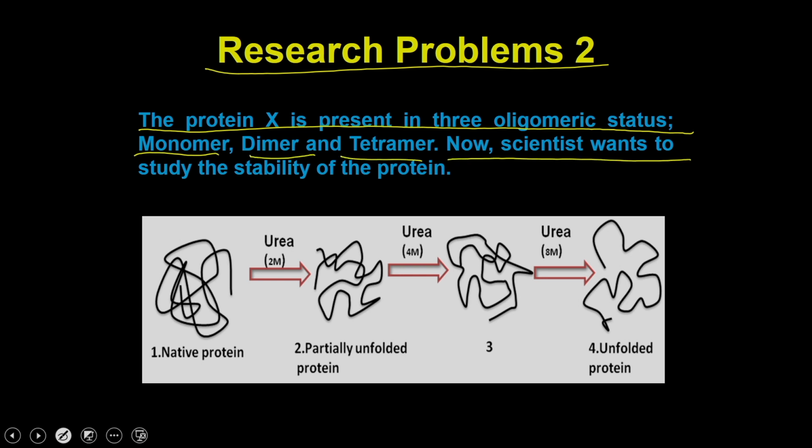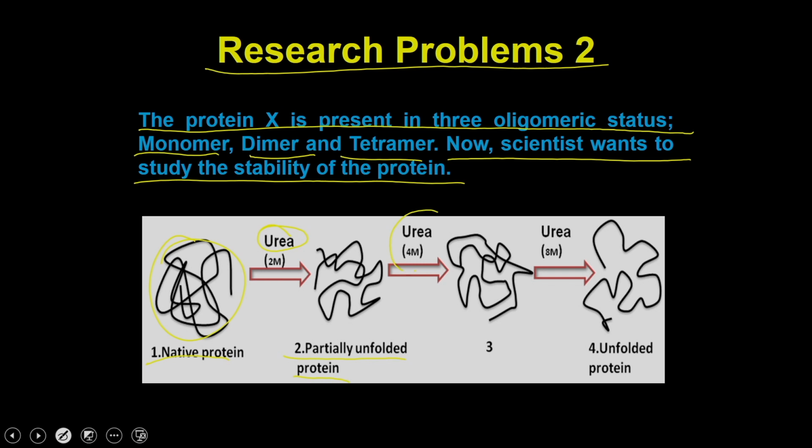Now, scientists want to study the stability of the protein. You know that the native protein is folded and forms compact structures. When you expose it to denaturing agents, it initially becomes a partially unfolded protein.